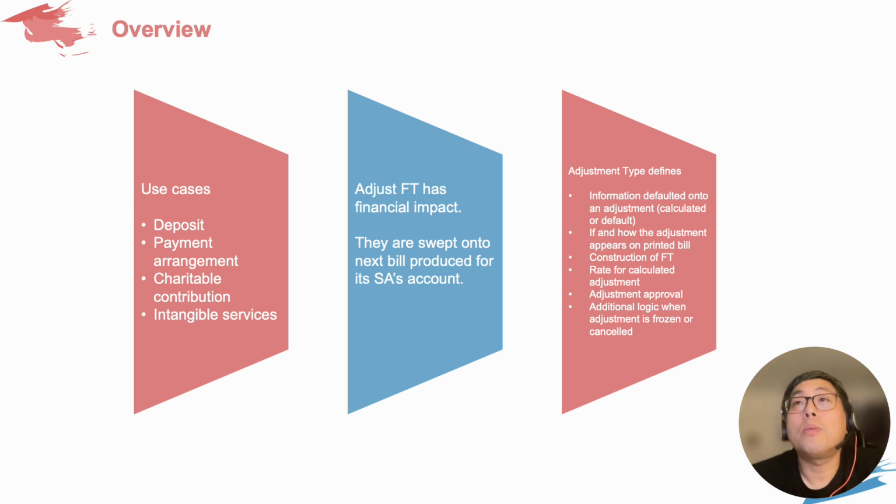For example, what is the defaulted amount of an adjustment? Should the adjustment be printed, construction of the financial transaction, rate for calculated adjustments. If you want to calculate the adjustments based on a rate, you can do that. Adjustment approval, additional logic when adjustment is frozen or cancelled. These are the areas which you can configure on the adjustment type to make it more suitable to your project.